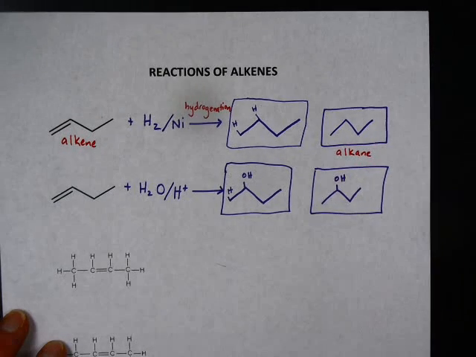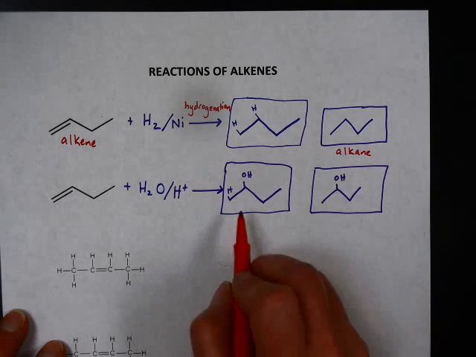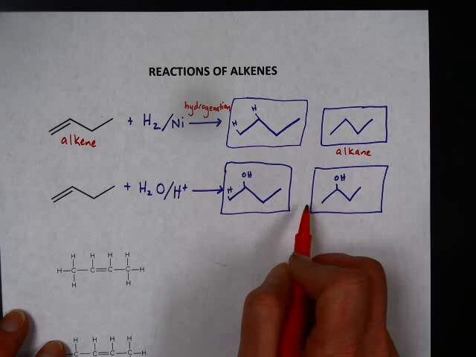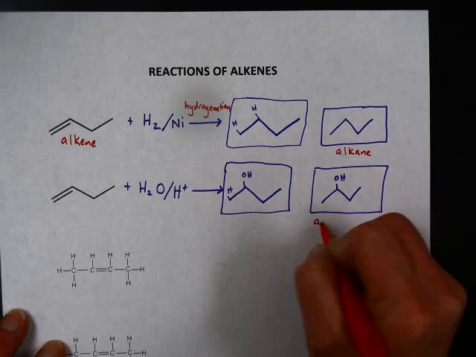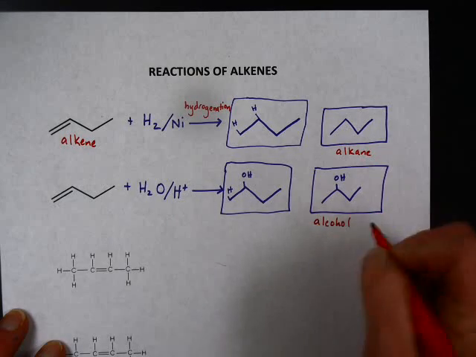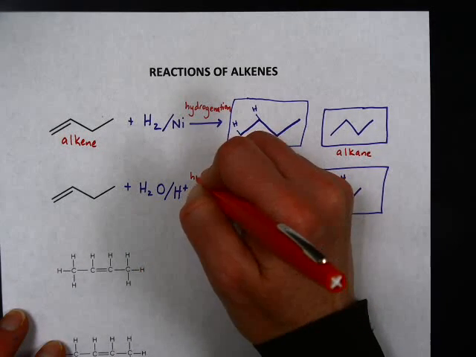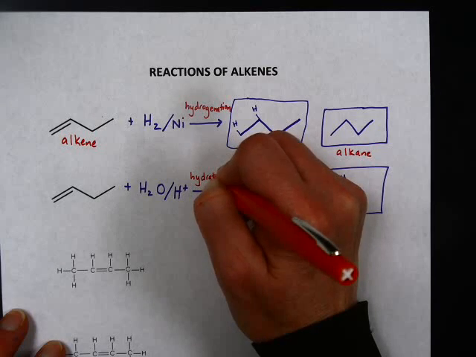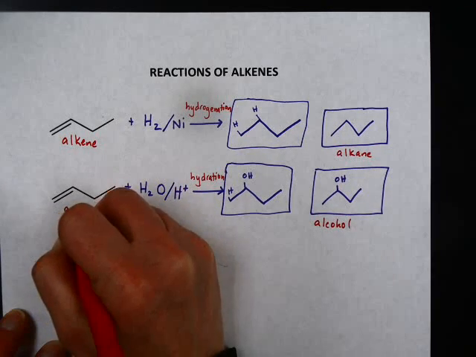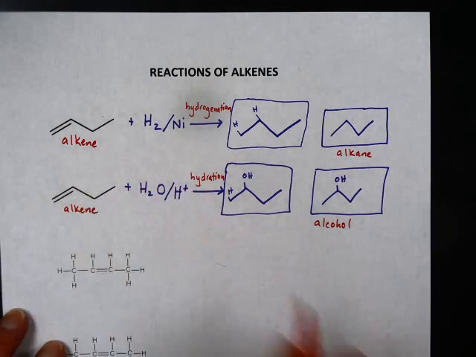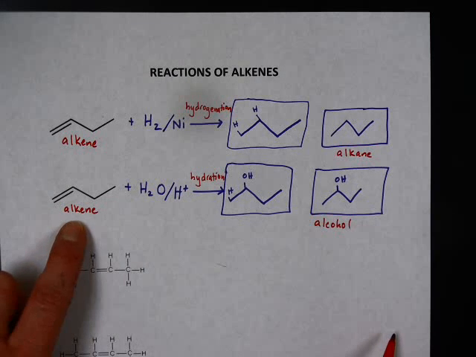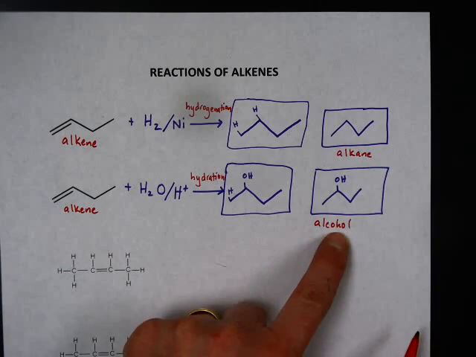Like that. Those are the same, but notice, this is not alkene, it's also not alkane. This is alcohol. And the name of this reaction, as we've seen, is hydration. This helps us see when you hydrate an alkene, what you produce is alcohol.